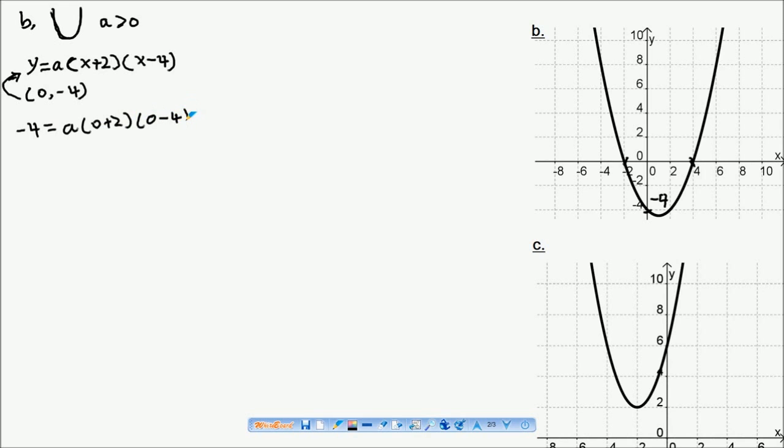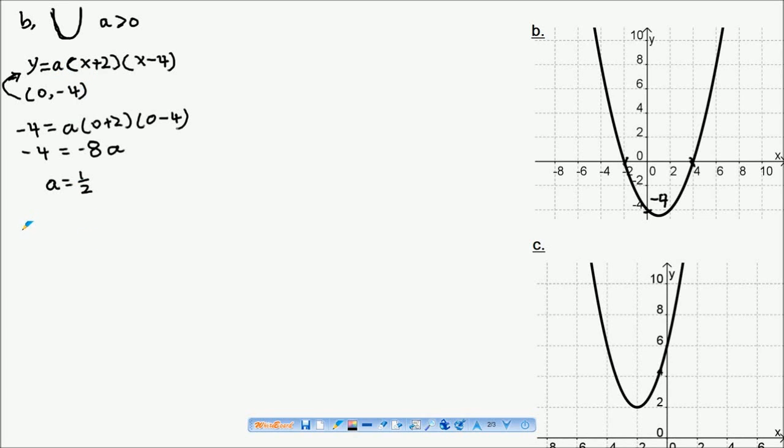So -4 will be -8a. 2 times -4 is -8, and your a will be half. Now we found the coefficient a here.